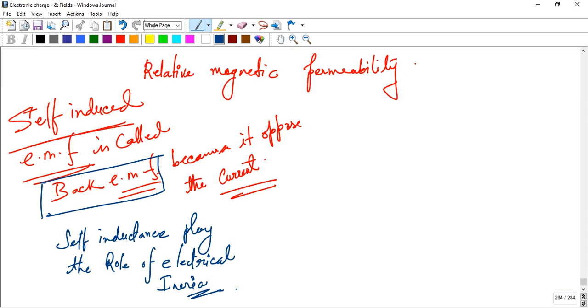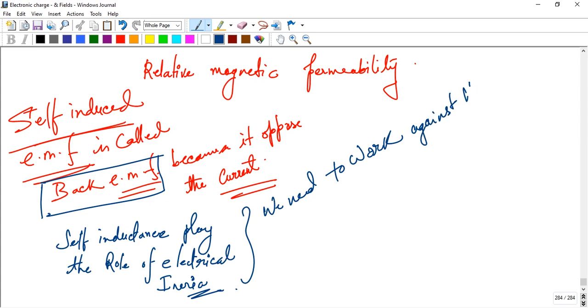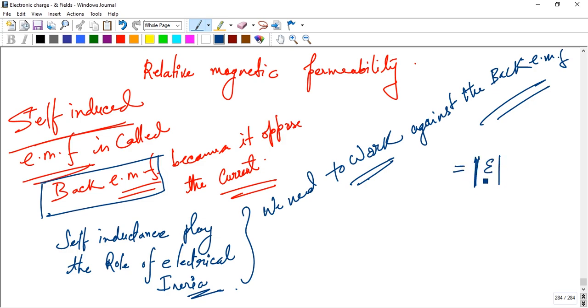We need to do work against the back EMF. Work done per unit time is EMF times I. Voltage multiplied by current gives power, so dW by dt is the power.